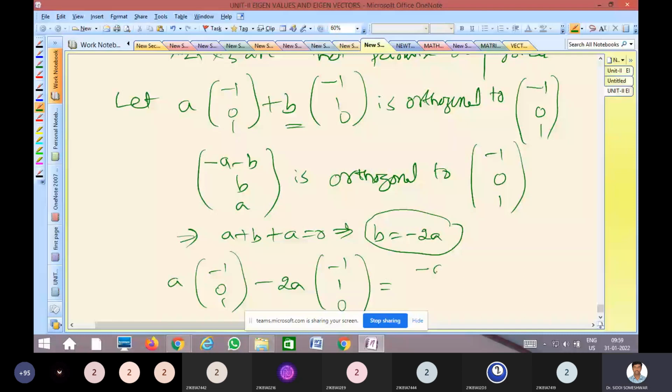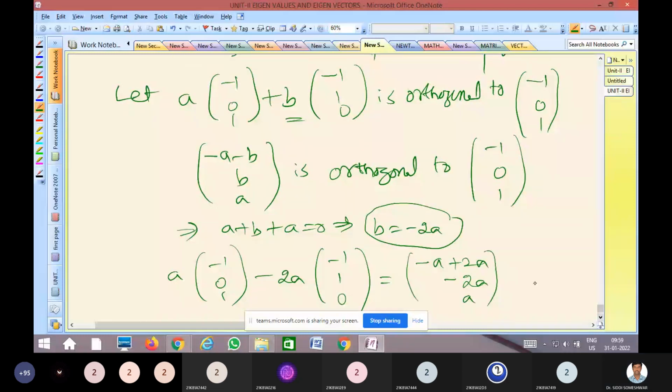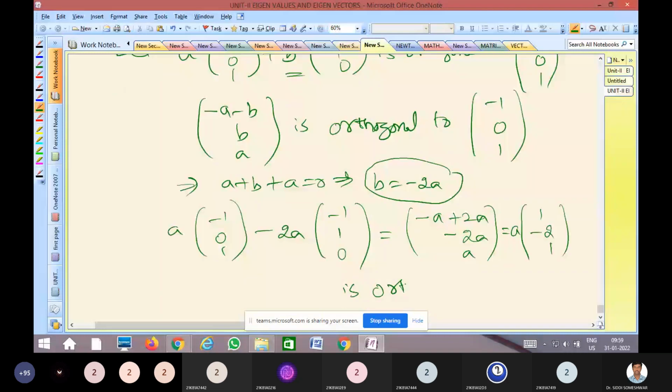Minus A plus 2A, minus 2A, A. Which is equal to, if you take A common here, 1 minus 2 1, is orthogonal to minus 1 0 1, we will write.